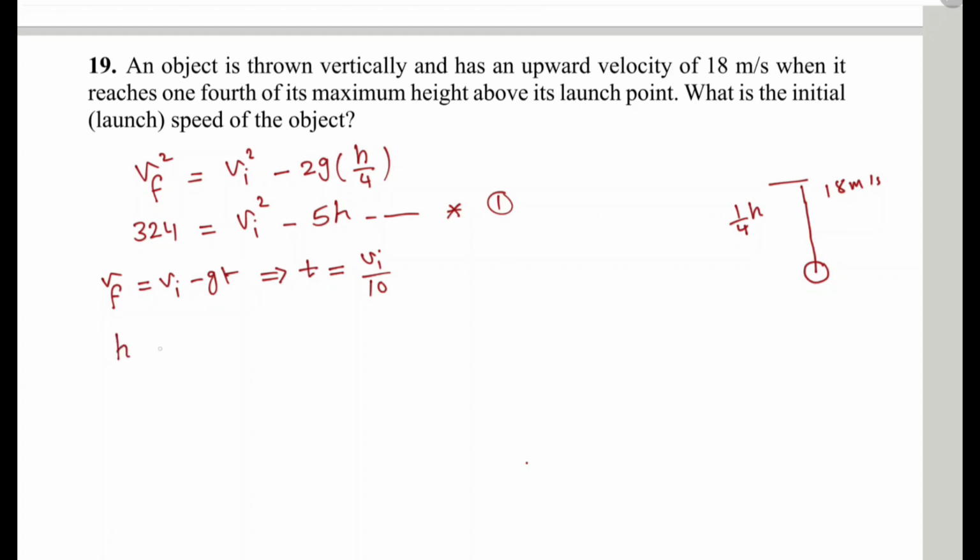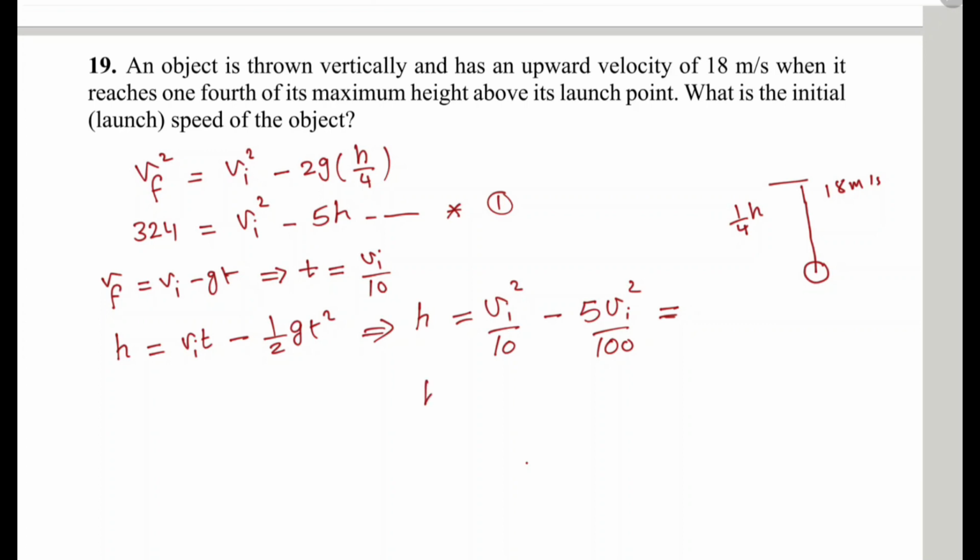Now the maximum height equal to v initial t minus half gt square, or h equal to the initial square divided by 10 minus 5 the initial square divided by 100. In other words, h equal to the initial square over 20.